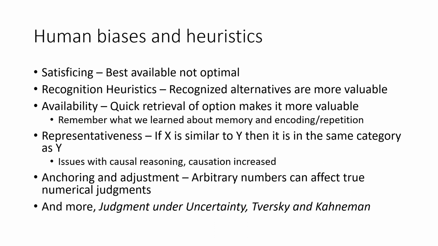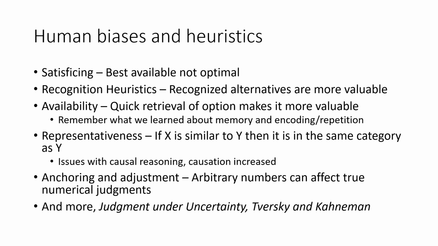It has the Judgment Under Uncertainty paper in there, as well as a bunch of other aspects of human error, and specifically our biases and heuristics. He did most of his work with Amos Tversky, who passed away before they won the Nobel Prize for their work, which is unfortunate.